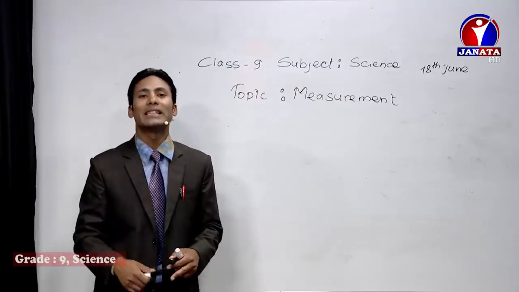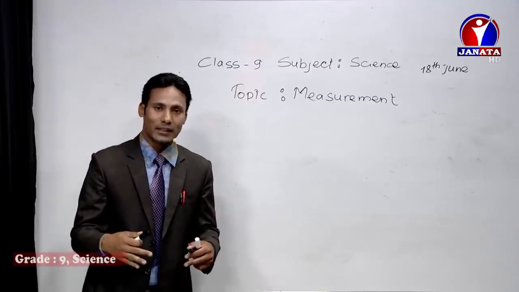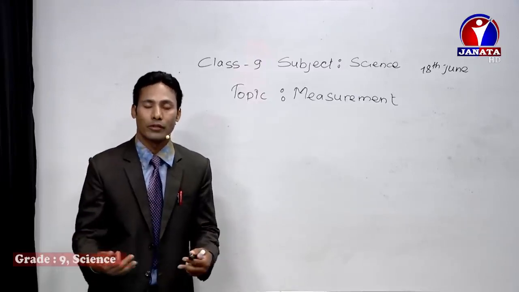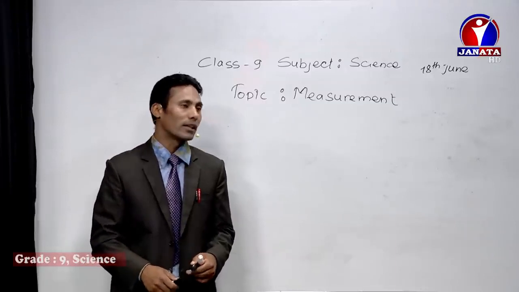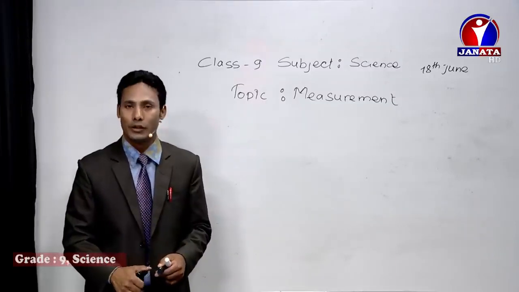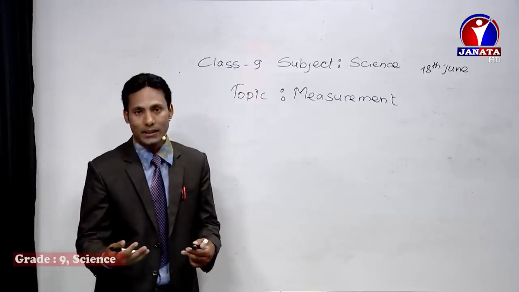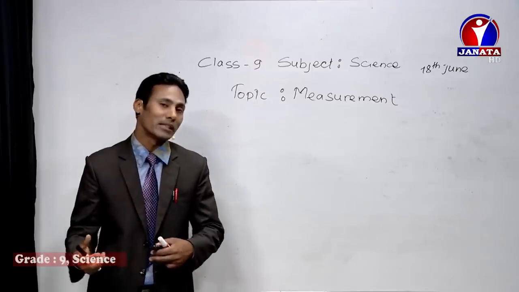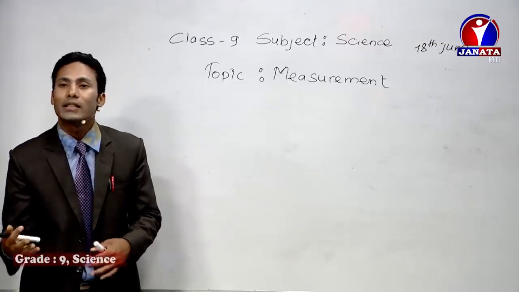So due to these difficulties, people found a kind of unit that can be standardized all over the world, which is called the SI system of units, or the standard unit. To make global trade easy, so that people can easily understand measurements throughout the world, standard units were introduced.